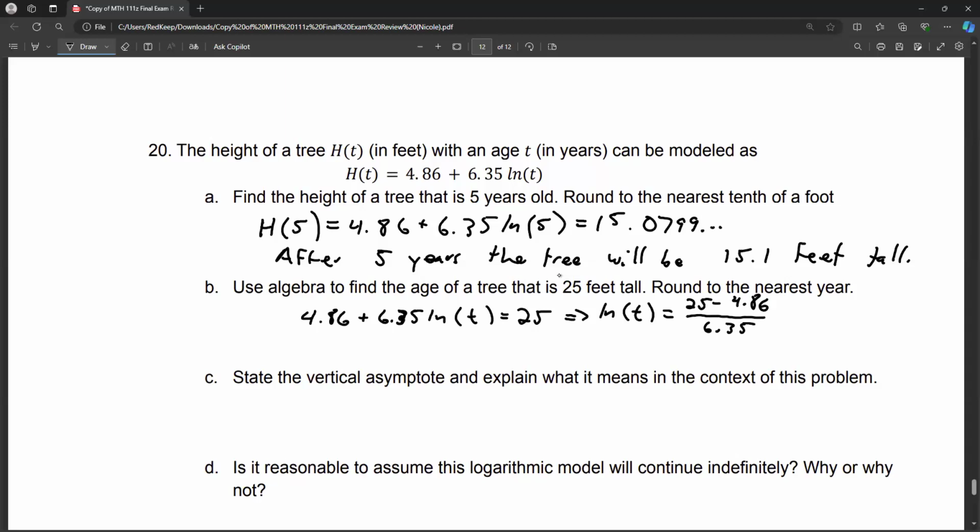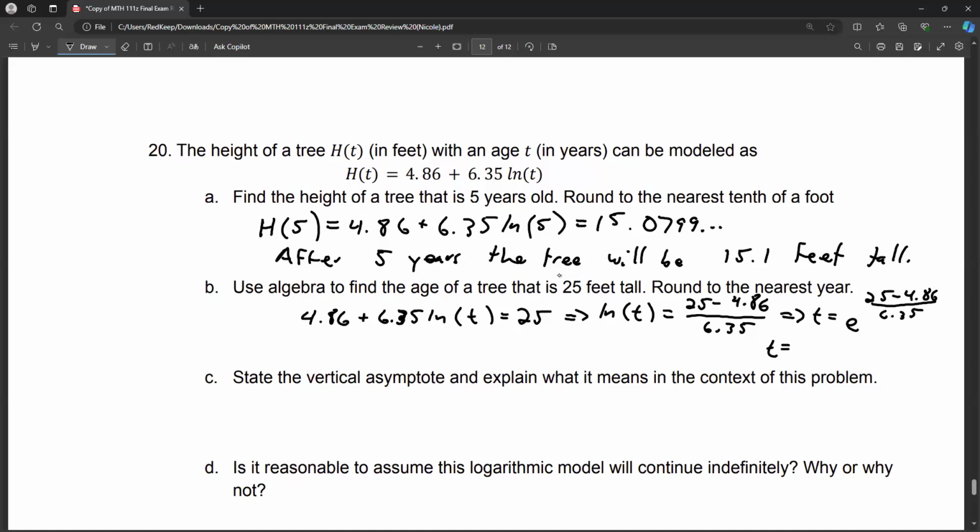Here it is advantageous, if we wanted to, we could switch to exponential form. So this implies that our t value is e raised to 25 minus 4.86 divided by 6.35. Perfect. Of course, using your calculator to find this would be the best scenario.